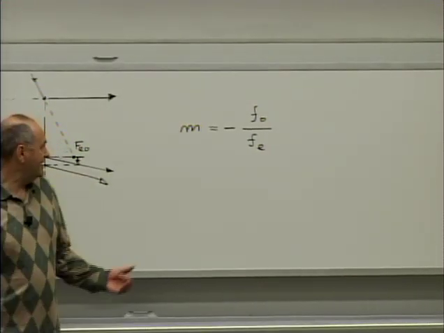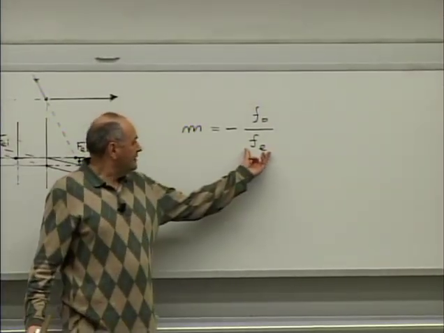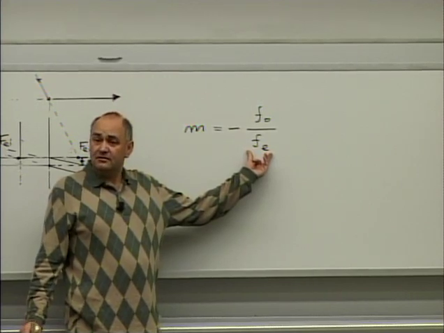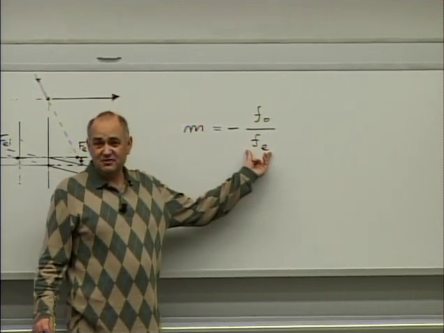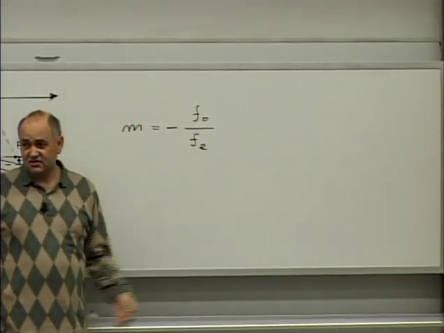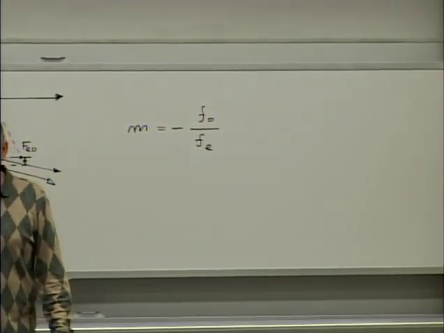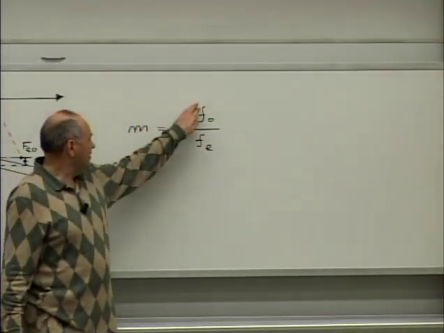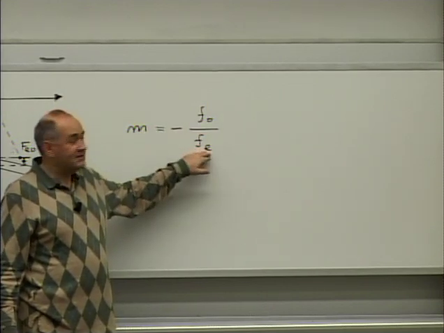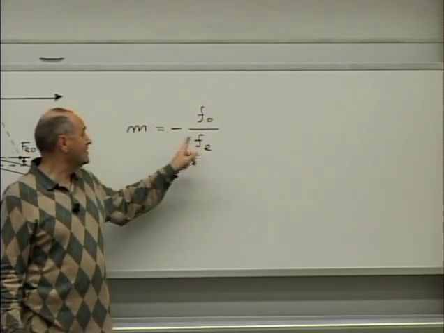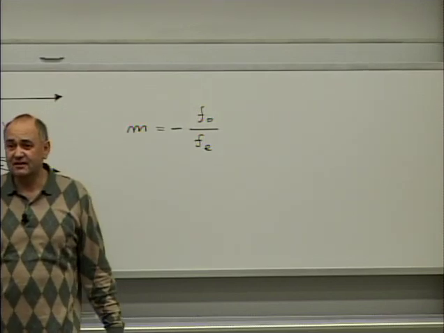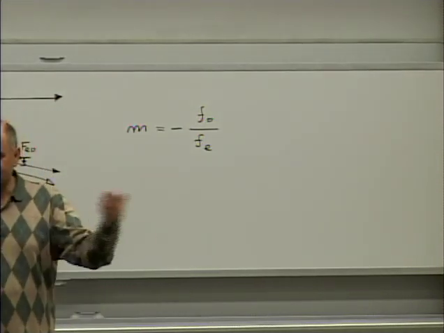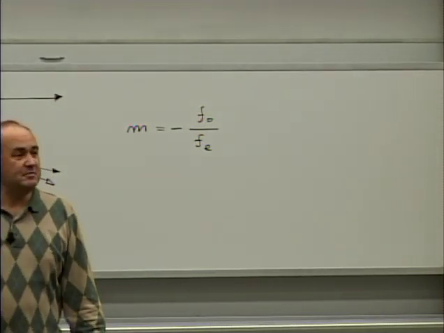If we now take the focal length of the eyepiece, it is negative, because this is the case for a diverging lens. I will have a positive number divided by a negative number, so the quotient is negative, and this minus will give me positive. Magnification of the instrument is going to be positive.